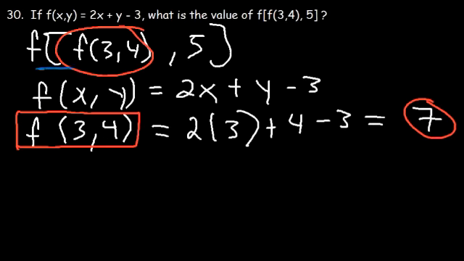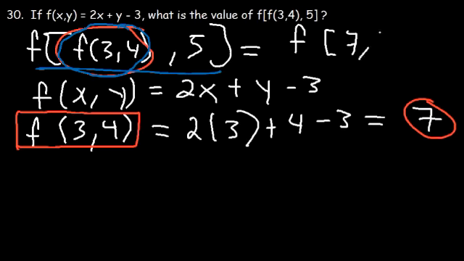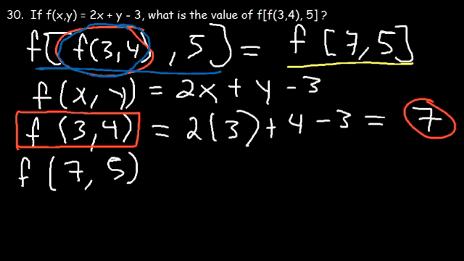So going back to this expression, we can now replace f of 3 comma 4 with 7. So we have now f of 7 comma 5. So we need to find the value of this function now. So therefore we can see that x is equal to 7 and y is equal to 5.